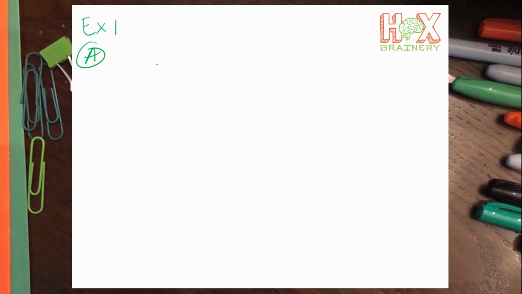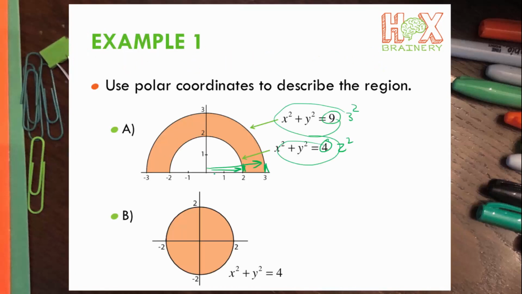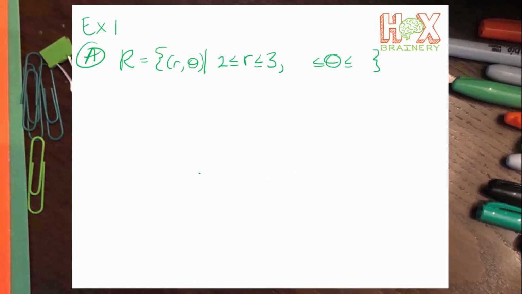So region R is the set of all ordered pairs (r, theta) such that r is between 2 and 3. And now I have to figure out what theta is between. Theta goes from 0, that angle, all the way over here, which is pi. So 0 to pi. That's all you have to do for describing that region in polar coordinates.